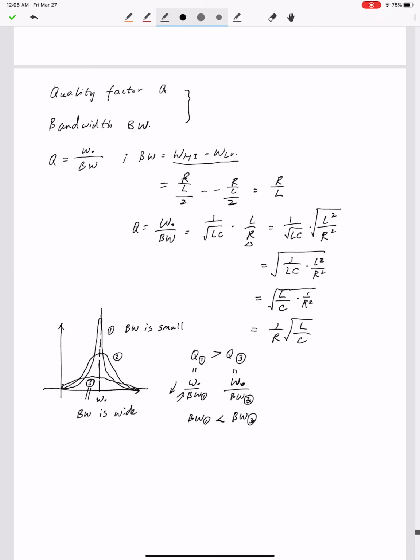Right, so based on the quality factor, we can have some basic information about the shape of the bandpass filter. The higher the quality factor, the more narrow and tall the filter is. The smaller the quality factor, the wider and shorter the bandpass filter is, right?